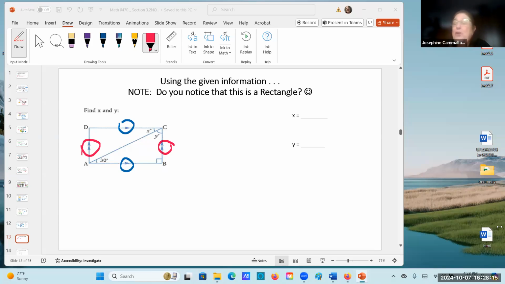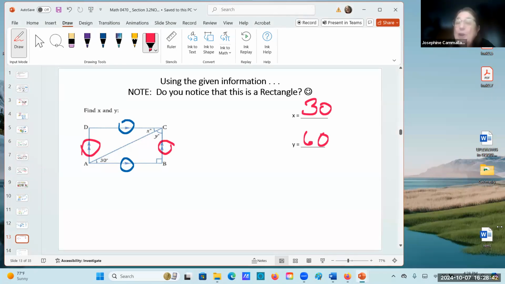Now, this was a perfect example that I do not have isosceles triangles in this one. First off, I do not have two diagonals. Because I only have one, and one of the base angles is 30, I will know that X is 30, Y is 60.